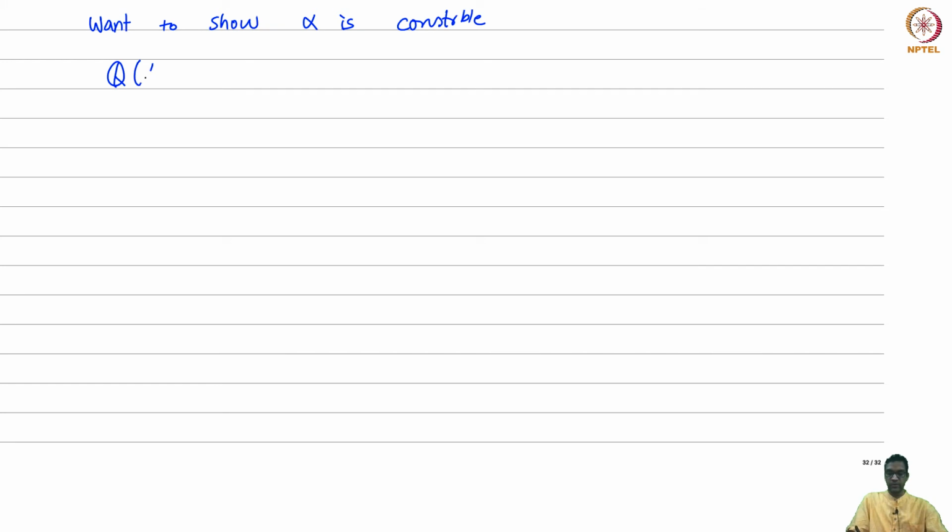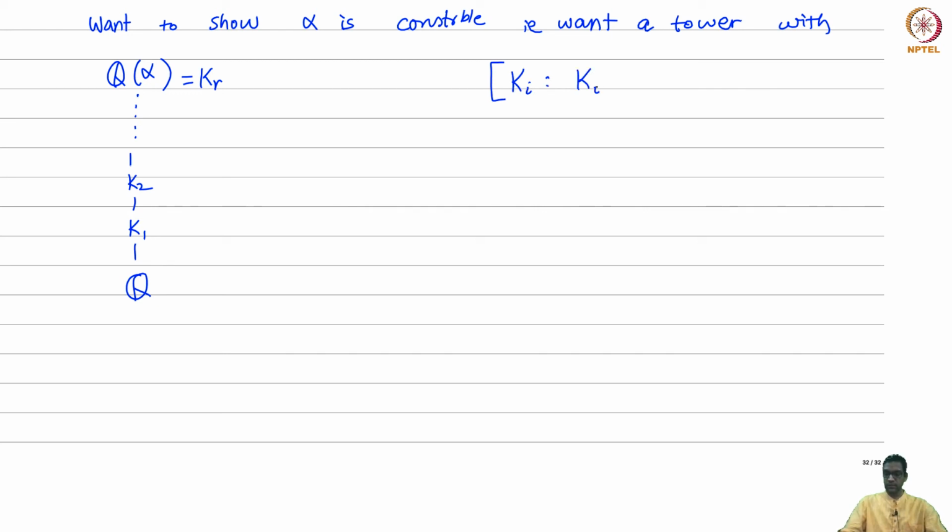I should be able to put a bunch of subfields between Q alpha and Q, so that this is the last one, let's call it K r. I want a tower like this, with each successive extension of degree 2.